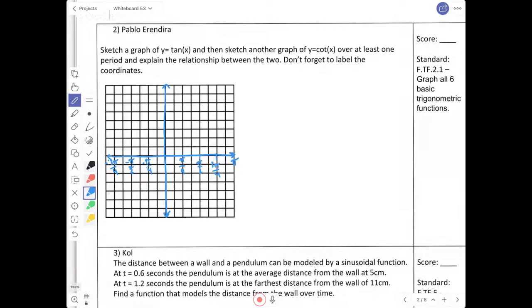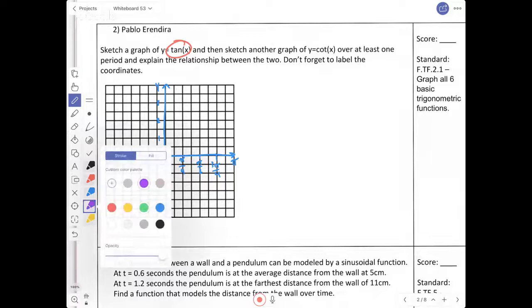I'm going to scale: 1, 2, 3, 4, negative 1, negative 2, negative 3. I'm going to do the tangent graph in red, and I'll do the cotangent graph when I get to it in purple.